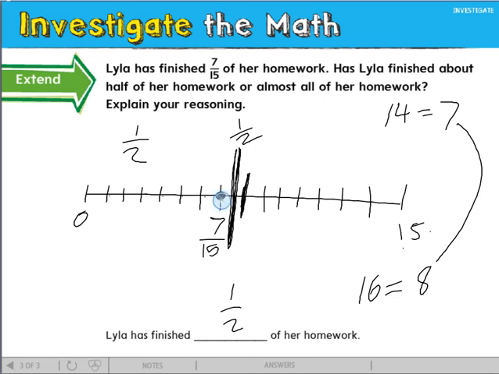Now, is our 7 closer to 1/2, 15, or 0? Right, it's closer to our 1/2.